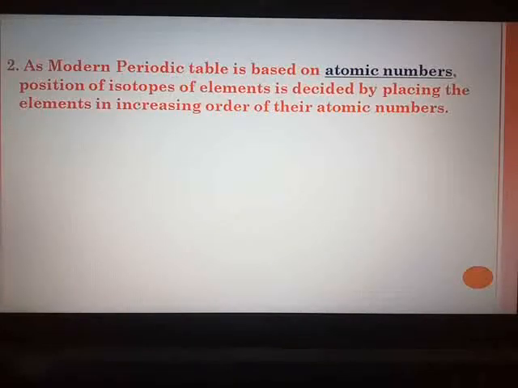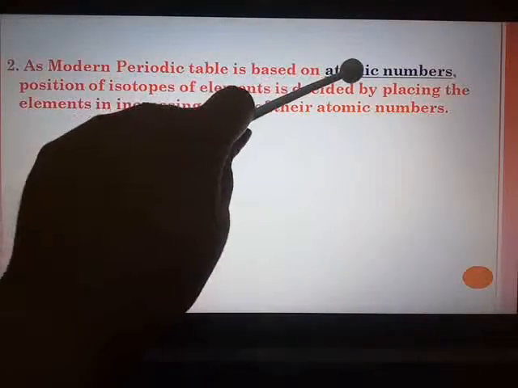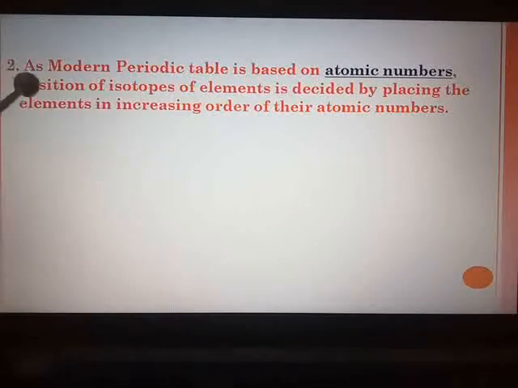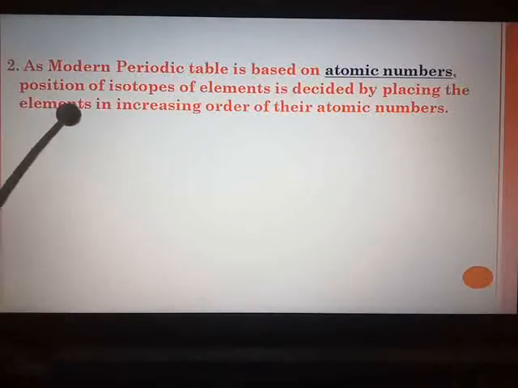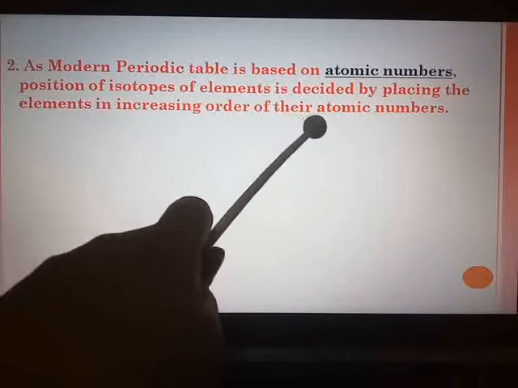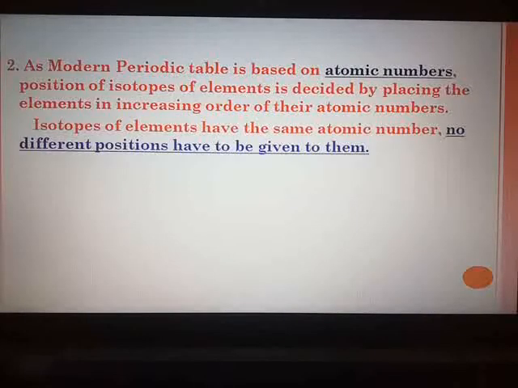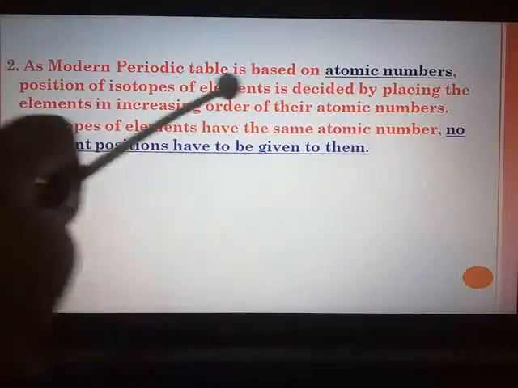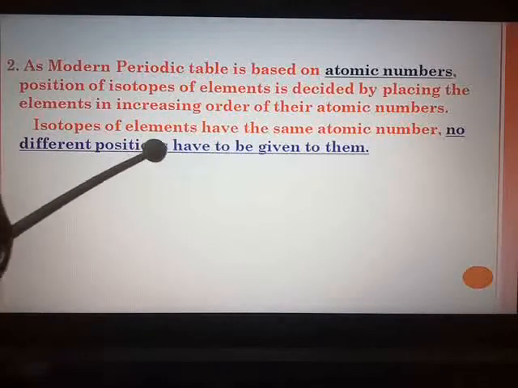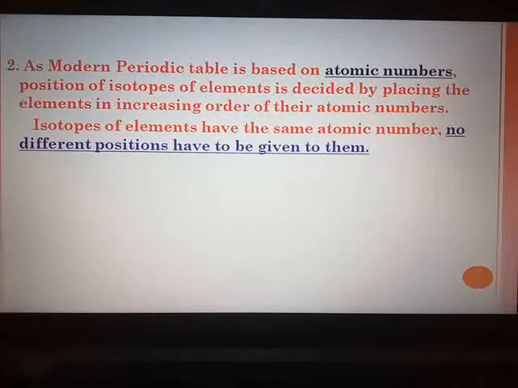You know that the modern periodic table is based on atomic numbers. So the position of isotopes of elements is decided by placing the elements in increasing order of their atomic numbers. Isotopes of elements have the same atomic number, so no different positions have to be given to them.